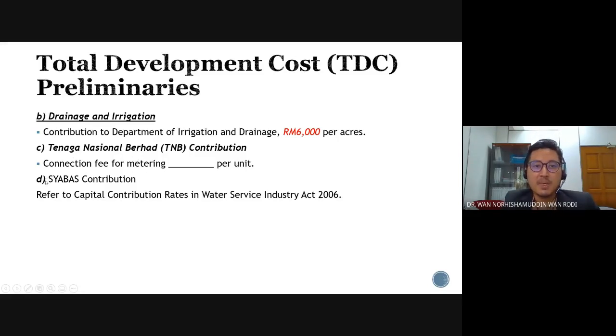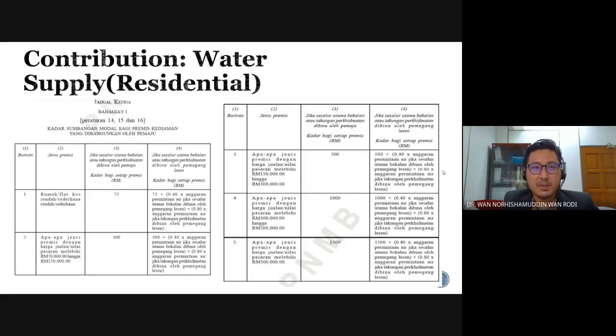Okay, D, Syabas contribution. Within this contribution, you have to follow the capital contribution rates within the Water Services Industry Act 2006. Thankfully, I have searched the cost for you. This one is the contribution for water supply for a residential project.